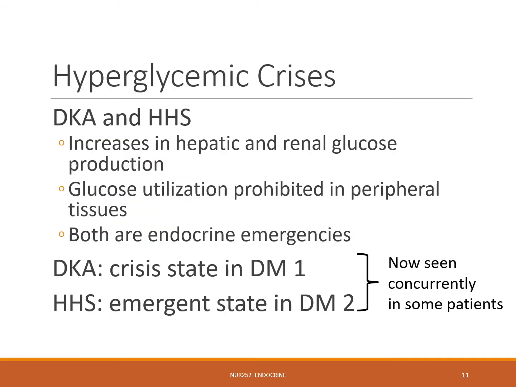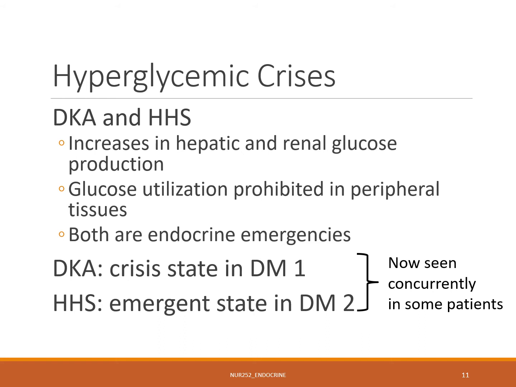The basic underlying mechanism for both diabetic ketoacidosis and hyperosmolar hyperglycemic state, which is HHNS, non-ketotic syndrome, is a reduction in the net effective action of circulating insulin coupled with an elevation of counter-regulatory hormones. This hormonal mix leads to increased hepatic and renal glucose production, but it prevents utilization of glucose in the peripheral tissues.